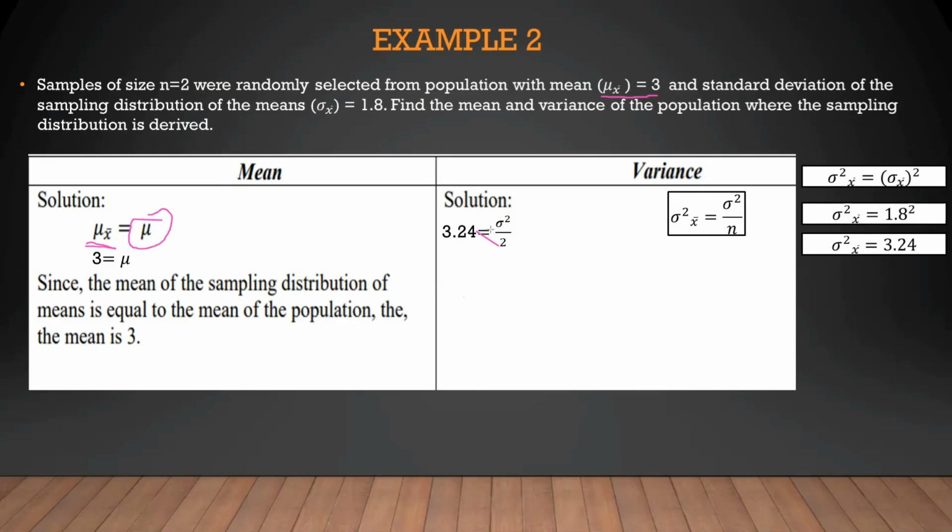And then variance times 1, dahil ito po ay automatic na may denominator na 1. Variance times 1 is equal to variance. Therefore, the answer is 6.48. So, yung variance natin is 6.48. Therefore, the variance of the population, population po yan ha, is equal to 6.48.